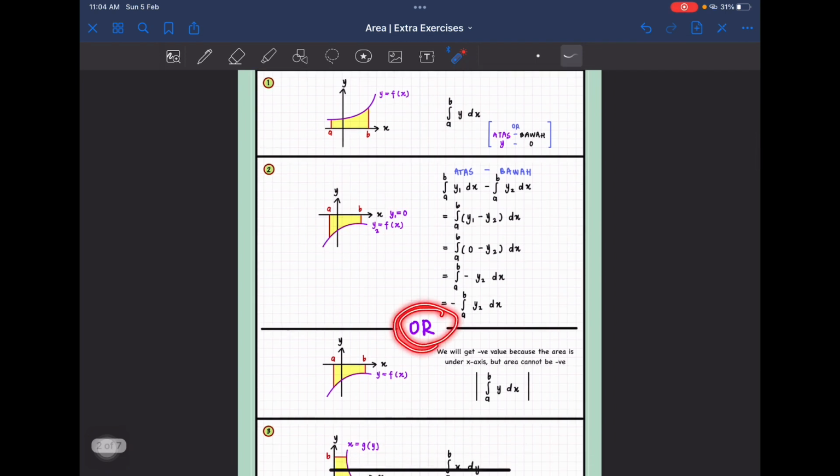So why do I put or over here? Because we know that when we have area which is below the x-axis, area ni akan menjadikan nilai yang negatif. Contohnya kita akan dapat maybe something like negative 10 unit square, let's say. Okay, tapi area it cannot be negative. So bila awak dapat negative 10, awak just letak modulus sahaja.